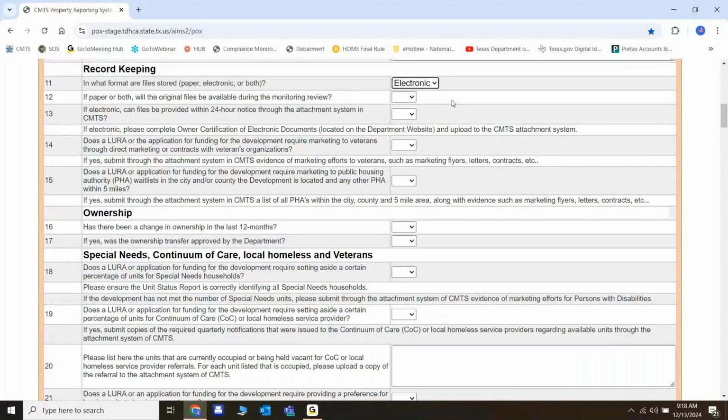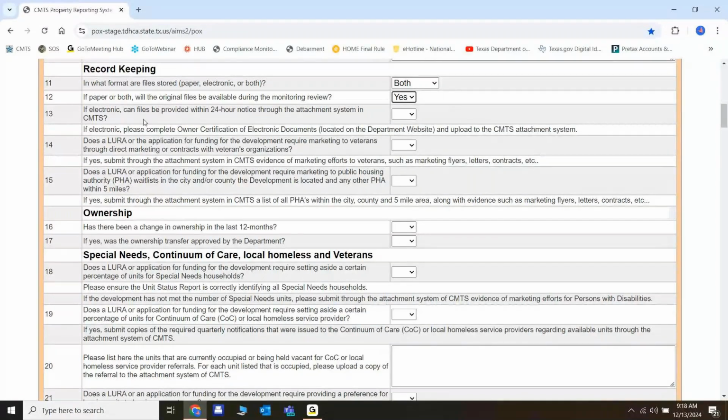Because what are we going to look at once we get on site? If you're all electronic, there's no paper for us to look at. But if you are paper or both, we will be coming out there. And so the next question is, if it's paper or both, are the original files available for review once we get out there? So yes.